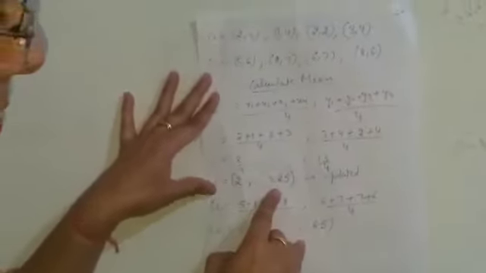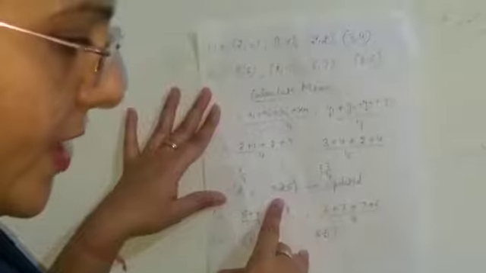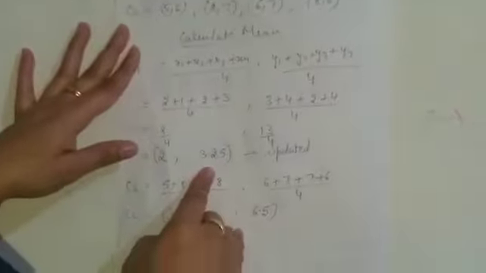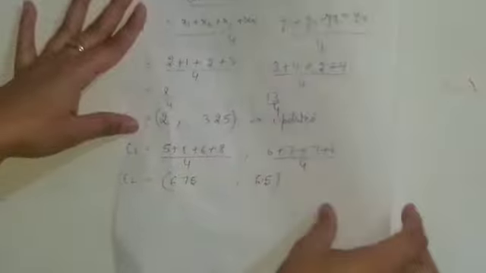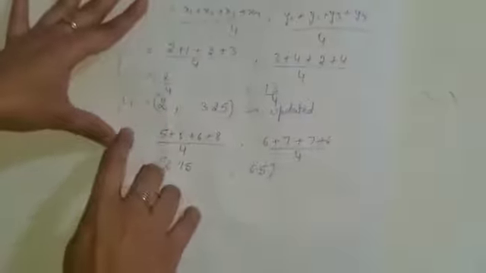Now C1 equals 2 and 3.25. This is the updated value. The previous value of C1 was 2, 3.